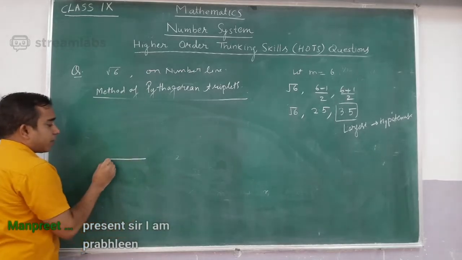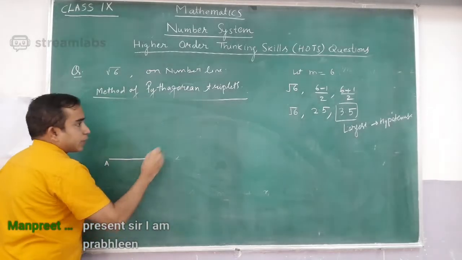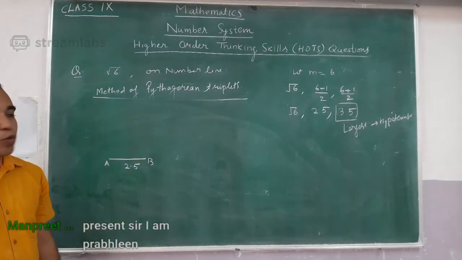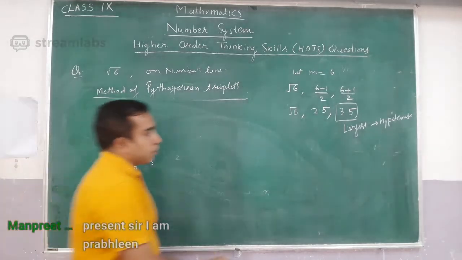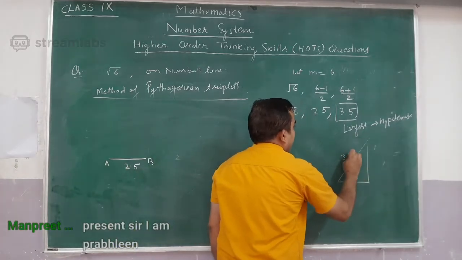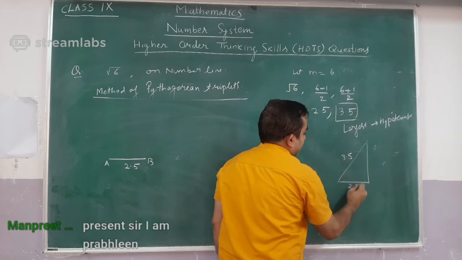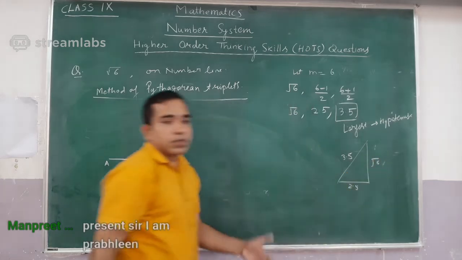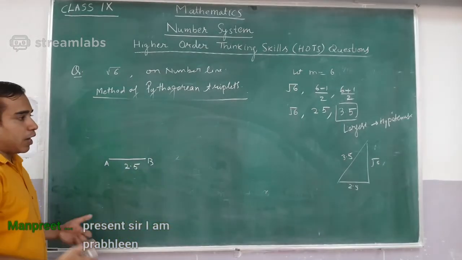Let us draw a line, say AB, and this you take base 2.5. 3.5 should be a hypotenuse. Rough diagram if I see, the picture will be like this. This should be 3.5, right? And suppose this is 2.5, and then this we will measure. This will be automatically root 6. So this rough diagram first I have drawn. Now I have to draw it properly.